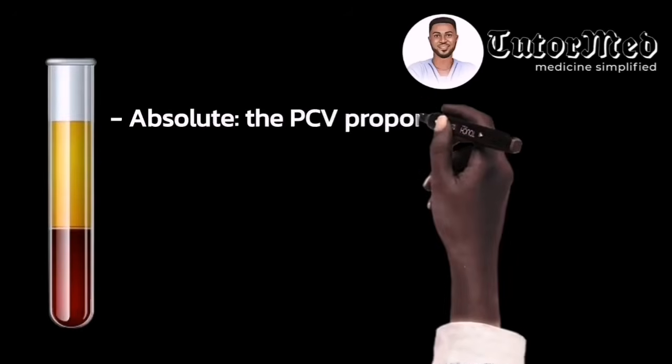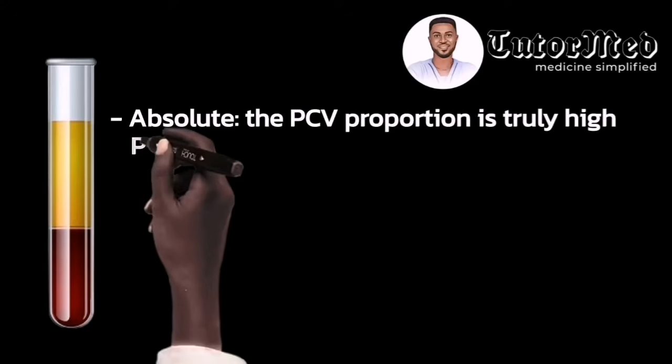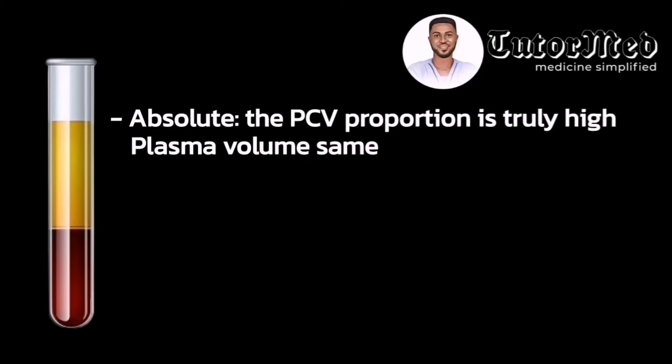Please remember that in the beginning of the lecture, we said plasma volume changes can affect the parameters of the FBC. Please remember that. Now for absolute polycythemia, the hematocrit proportion, which is the actual red blood cell mass, is actually high and the plasma volume is unchanged.